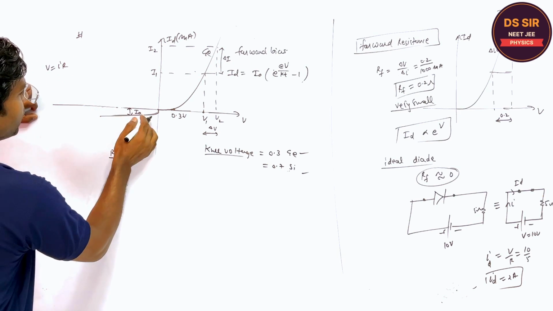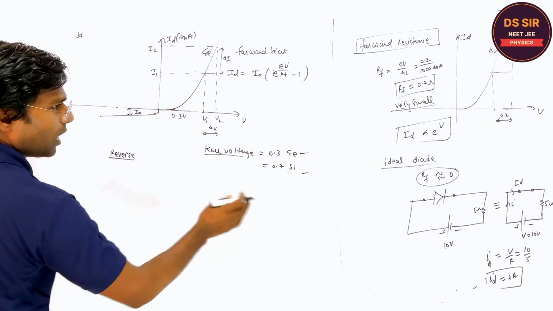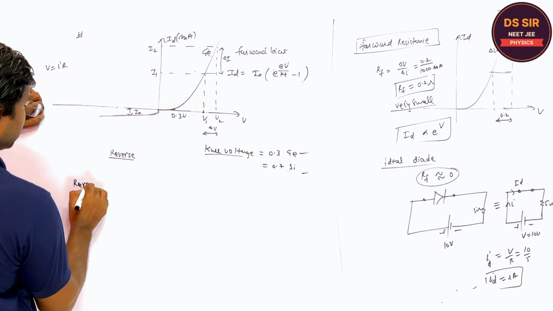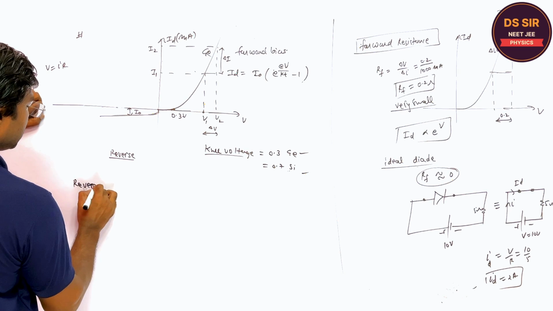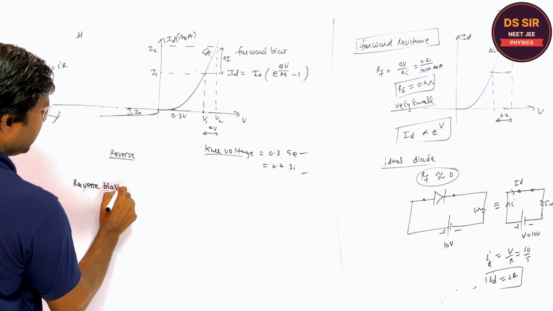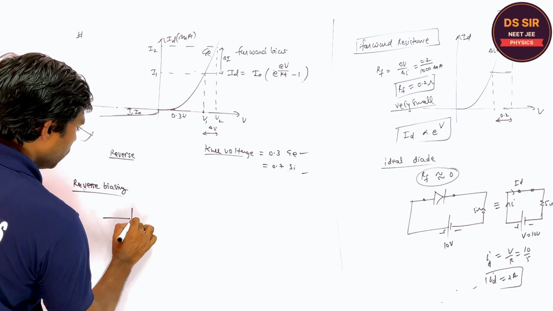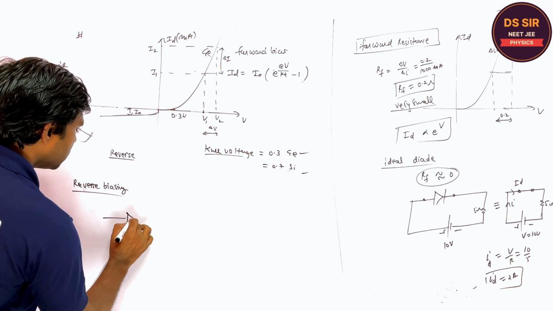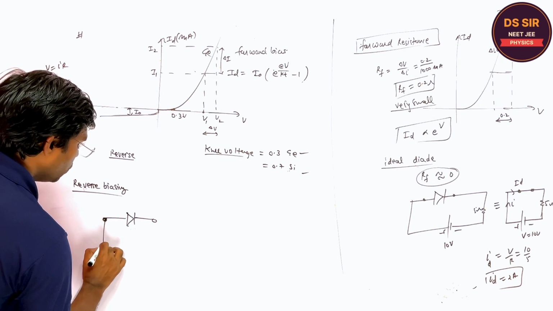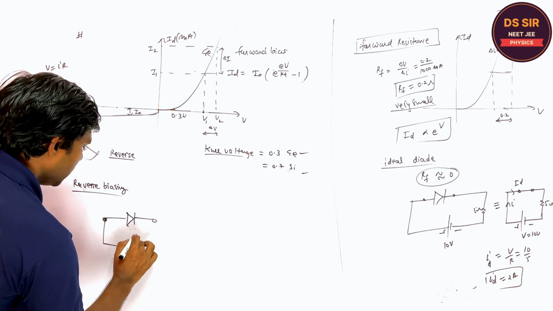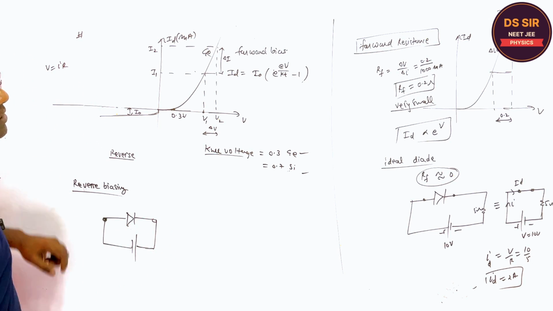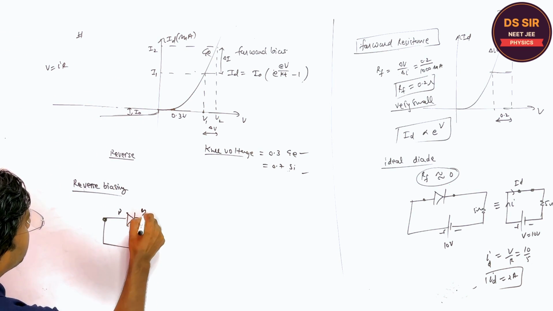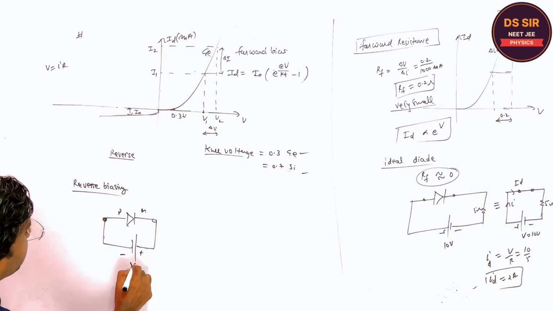After this you may write the reverse biasing. Suppose this is the diode and you are applying the potential like this. This is the reverse biasing. This is the P side, this is the N side, and this is the positive terminal.